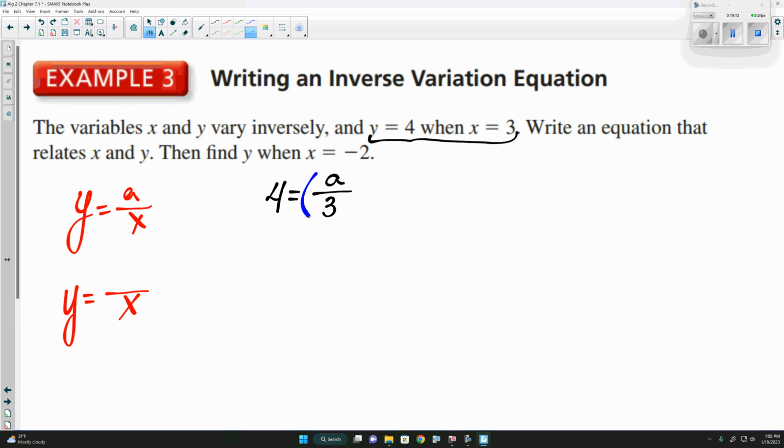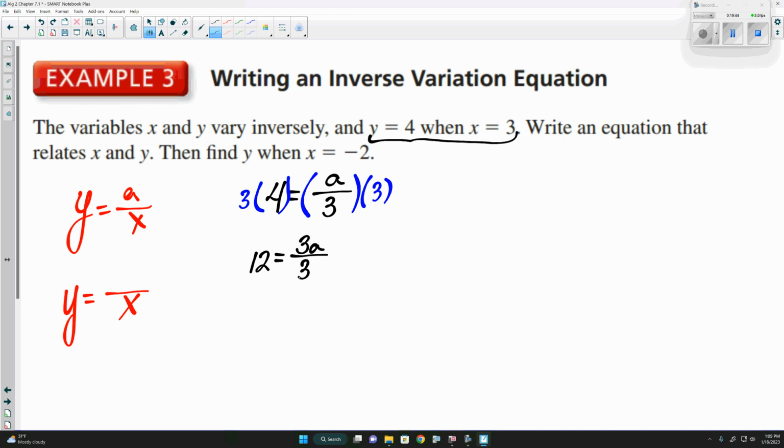Now the first thing we can do in solving this is to multiply both sides by 3. Now we did this earlier already today. I'm going to write this out step by step just as a reminder of why this works. On the left-hand side, we have 3 times 4, which is 12, is equal to, when we multiply it out, we multiply a whole number by a fraction. The whole number on the outside multiplies just with the numerator, not both.